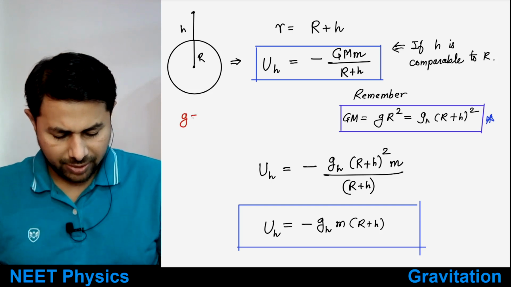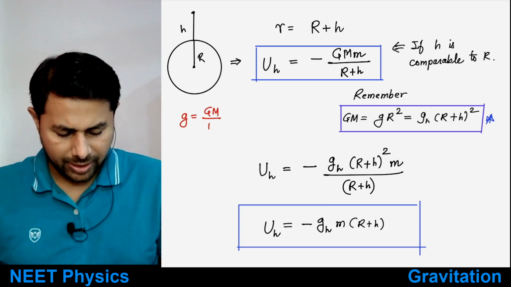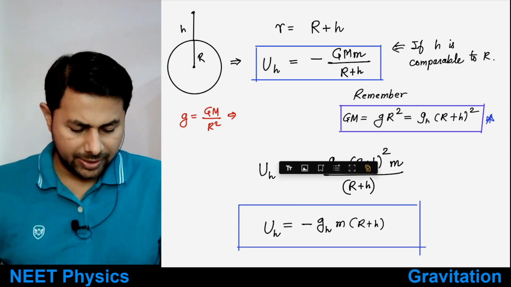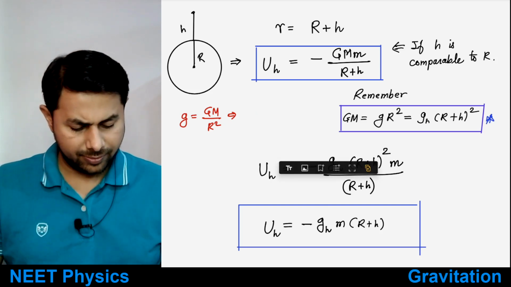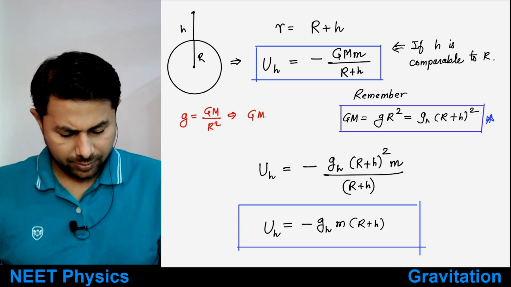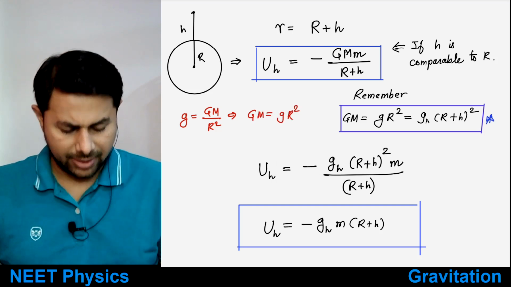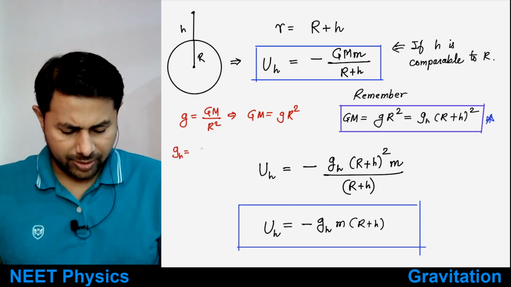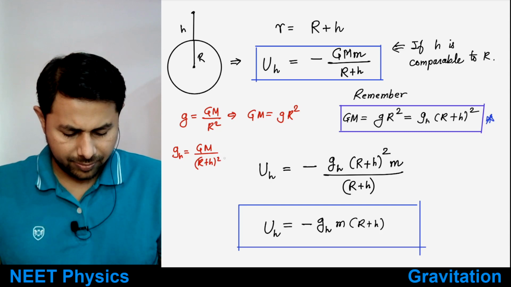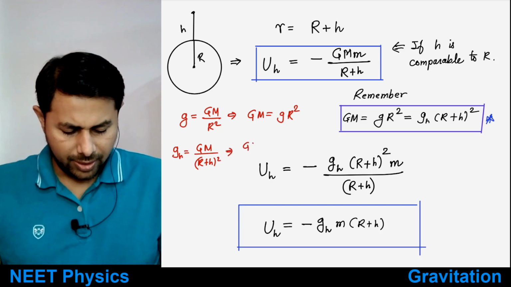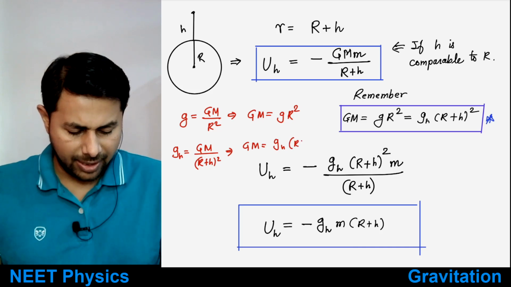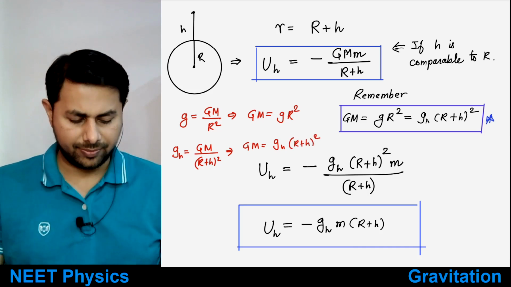We know that g is equal to GM over R squared, which implies GM is equal to g times R squared. Similarly, g_h is equal to GM divided by R plus h squared. Therefore, GM can also be written as g_h multiplied by R plus h squared.